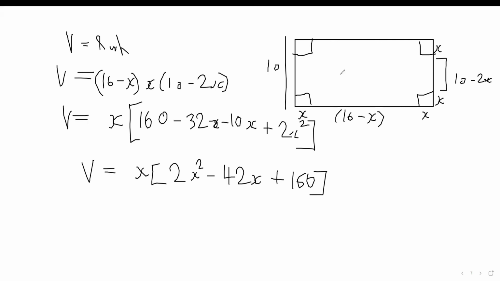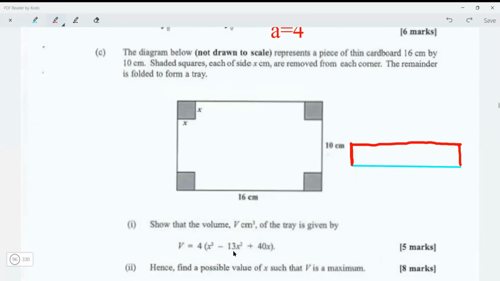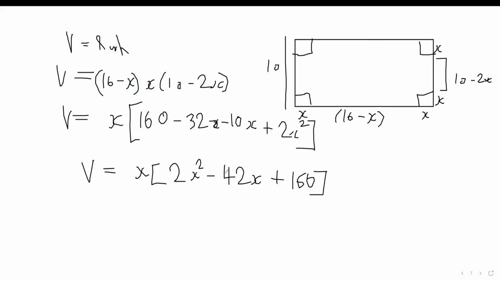Is that what they want? X cubed minus 13x squared plus 40x, 13x squared. Did we multiply properly? Let's go again. 16 times this, 16 times 2, x times this.